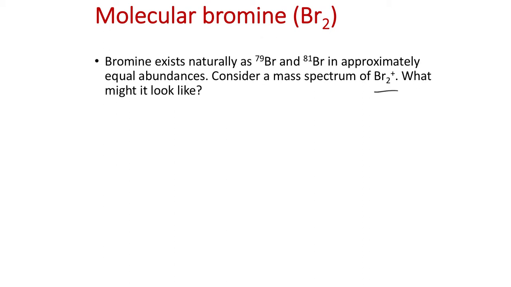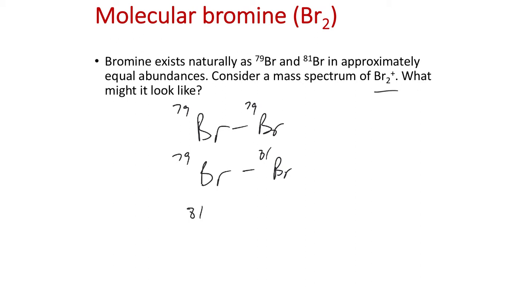The thought here would be that if I have two bromines, I could have both of them be 79. I could have one be a 79 and the other an 81. I could have another where I have an 81 on the first bromine and a 79 on the other. And then lastly, I can have both of the bromines being bromine 81. It's like there are two isotopes, so either one of the bromines can be either one of those two isotopes.